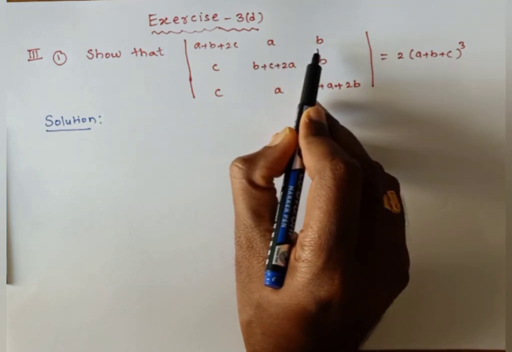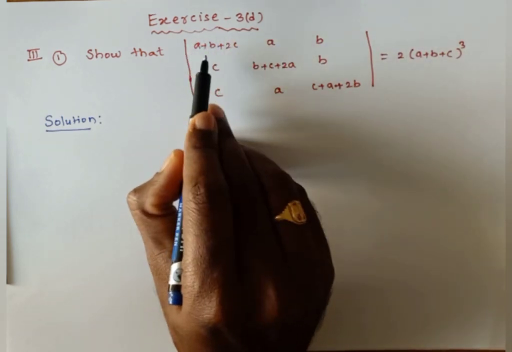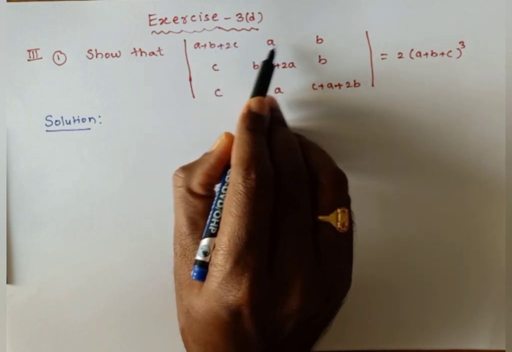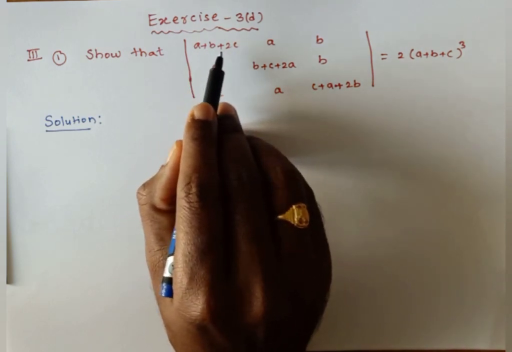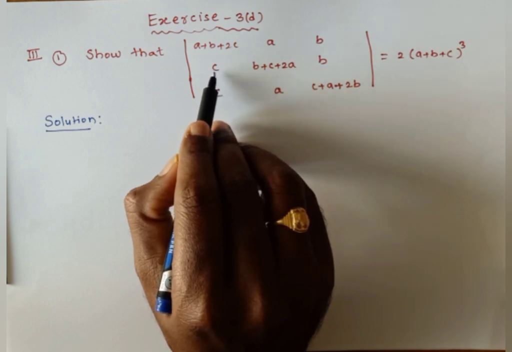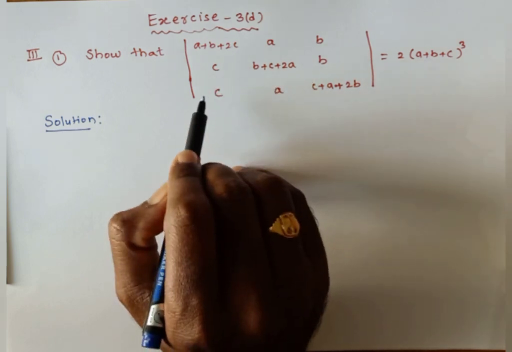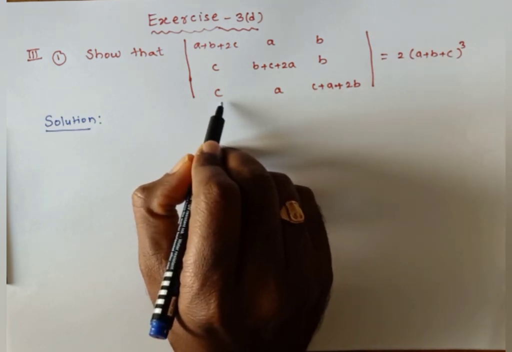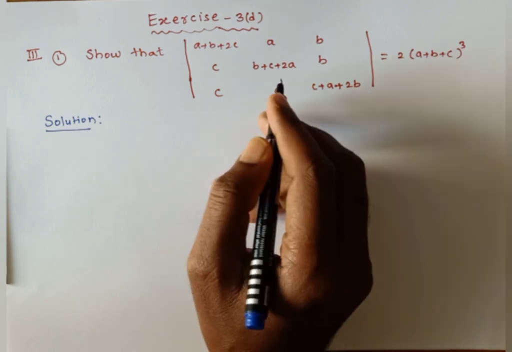If we add all these, the resultant element becomes a plus b plus 2c plus a plus b, that is twice of (a plus b plus c). Similarly, the second element in the first column is c plus b plus c plus 2a plus b, which is again 2 times (a plus b plus c). In the same way, the third element is also 2 times (a plus b plus c). So better apply the column operations.